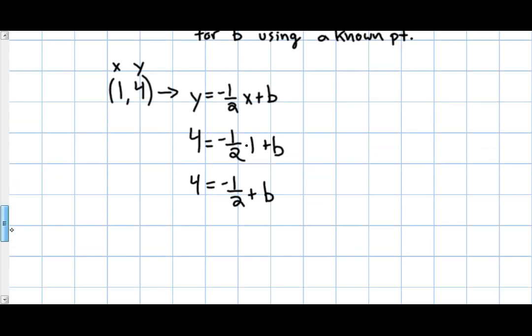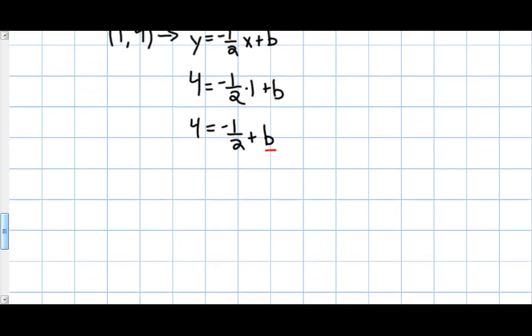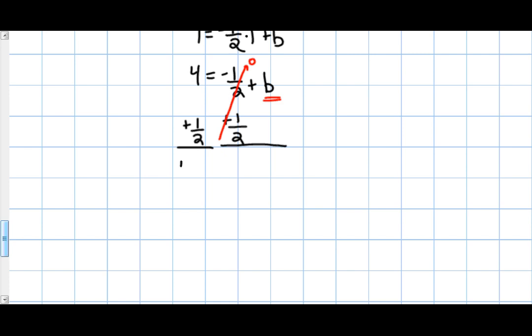Okay, almost there. Now I'm solving for b, so I want to get everything else on the other side. Well, let's get rid of this 1/2. The opposite of subtracting 1/2 is adding 1/2. The reason I want to do the opposites is that's going to cancel out to 0, which leaves me with 4 1/2 equals b.